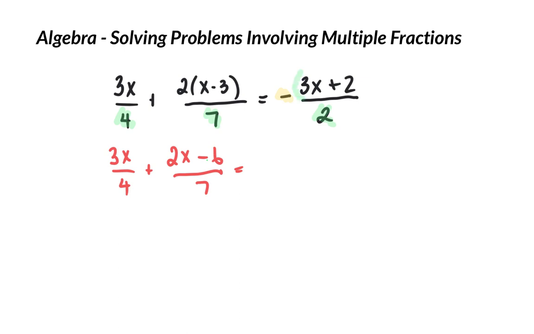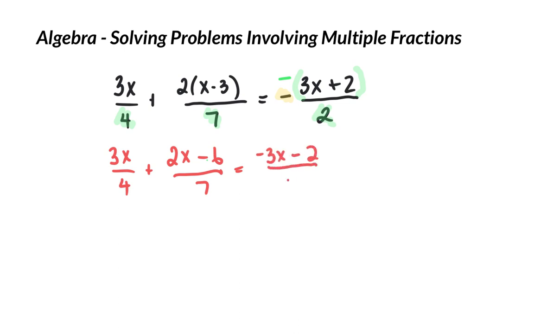I'm going to put parentheses around that top, and it puts the negative like that. That negative is going to apply to everything in the numerator. You could also apply it to the denominator, but since we need a common denominator, I really don't want to involve negatives. So we're going to have negative 3x and a negative 2.